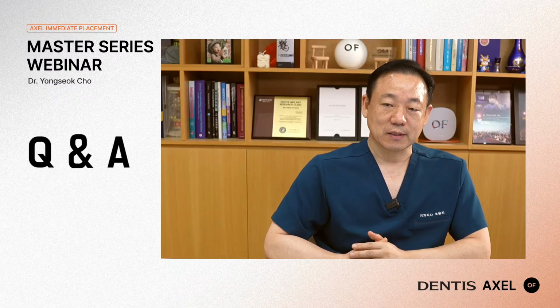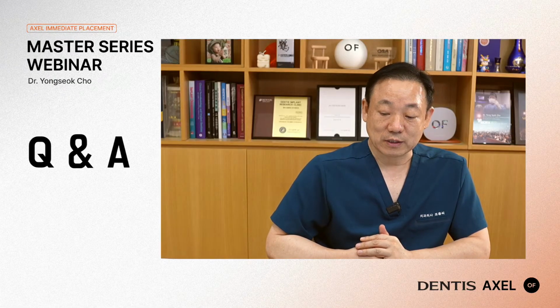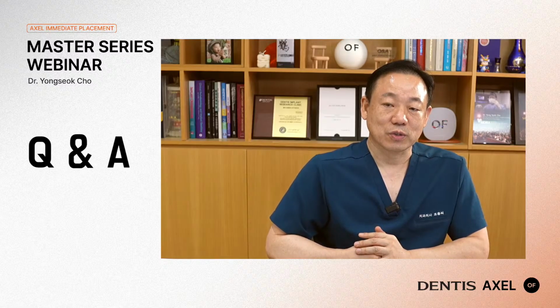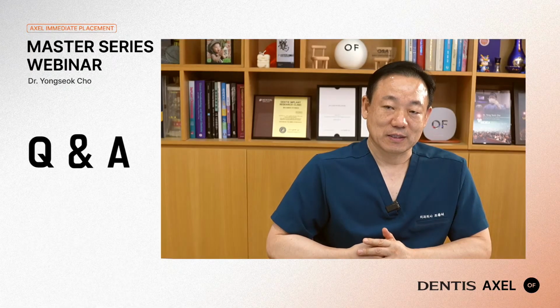When it is a highly mobile anterior tooth or displaced tooth, which has soft tissue engagement around the socket, utilizing that granulation tissue is very useful. I can also explain how to use that kind of tissue during the third webinar. In my third webinar, I can show you the strategy of anterior maxillary implant.